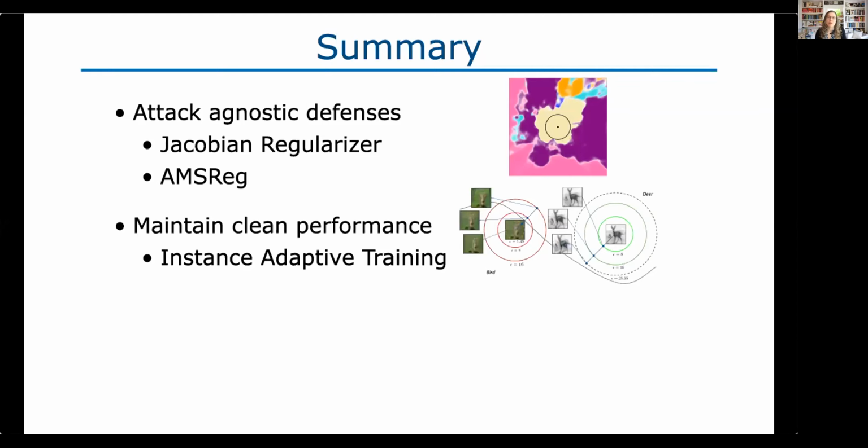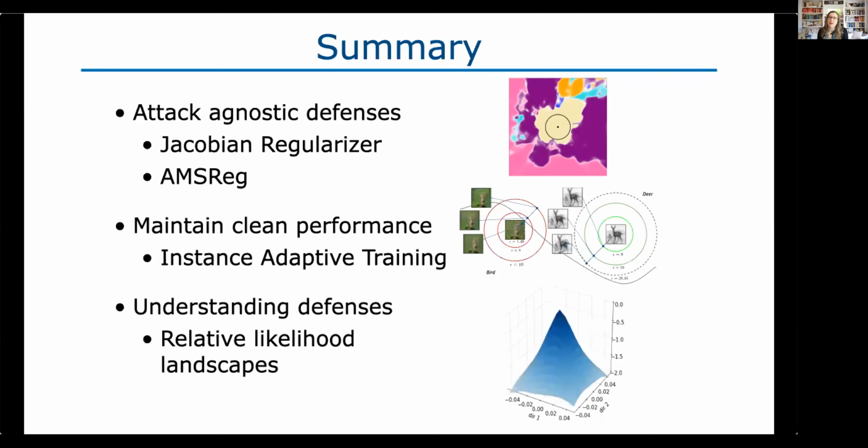We then talked about how different samples may naturally have different amounts of robustness, and this is important to observe and take into account when we're doing defenses. And then finally, we talked about this new visualization technique called relative likelihood landscapes and how it might be used to gain some understanding both of our clean model as well as of our defended models.